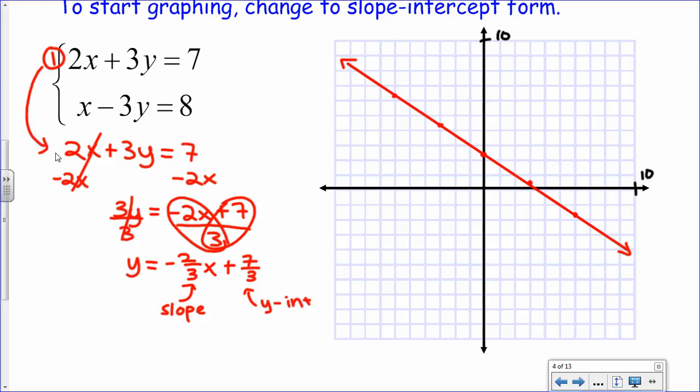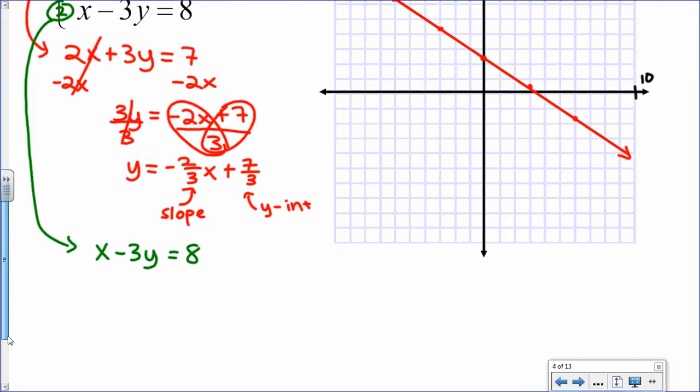Okay, now the second line, we're going to do the same thing, get y by itself. Okay, so Carly, McKay, what would I do first to get y by itself?